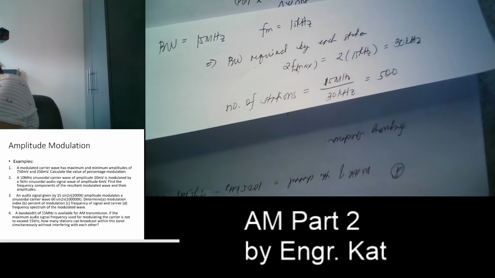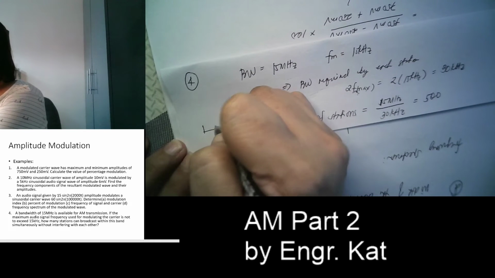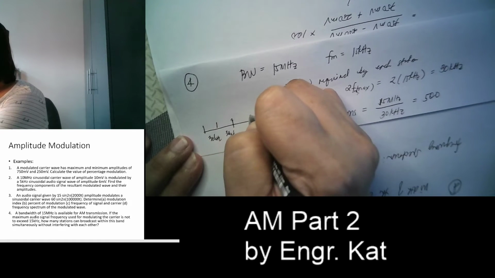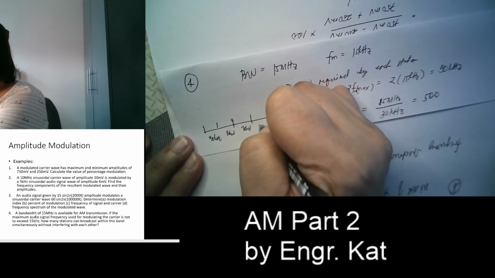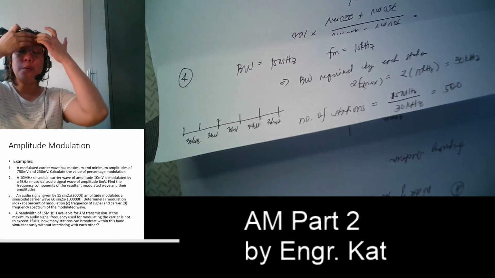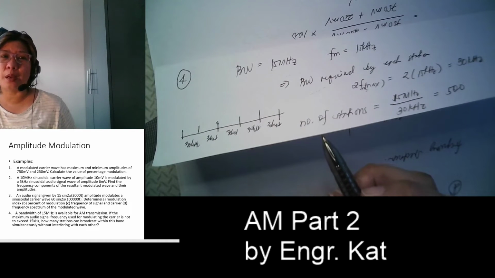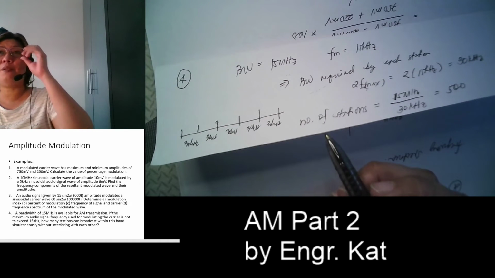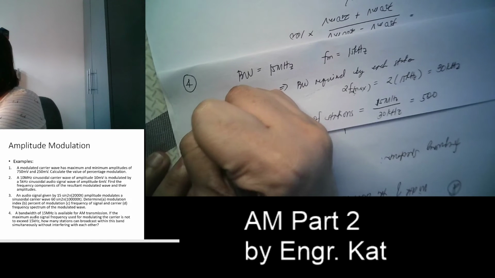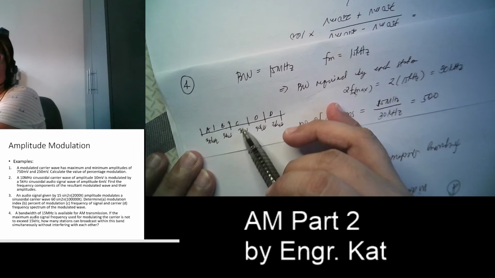If this is our spectrum, each station will get 30 kilohertz of bandwidth. However, if our electronic transmitter circuit is not very effective, station B might interfere with station C, and so on.